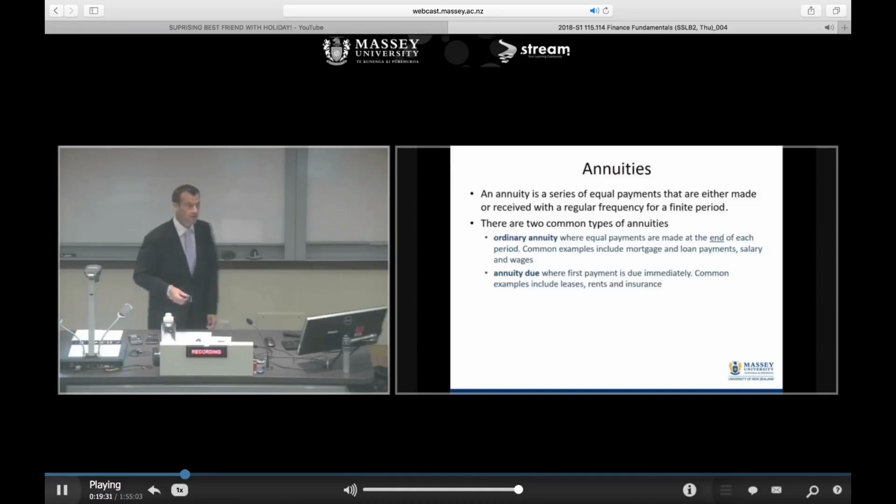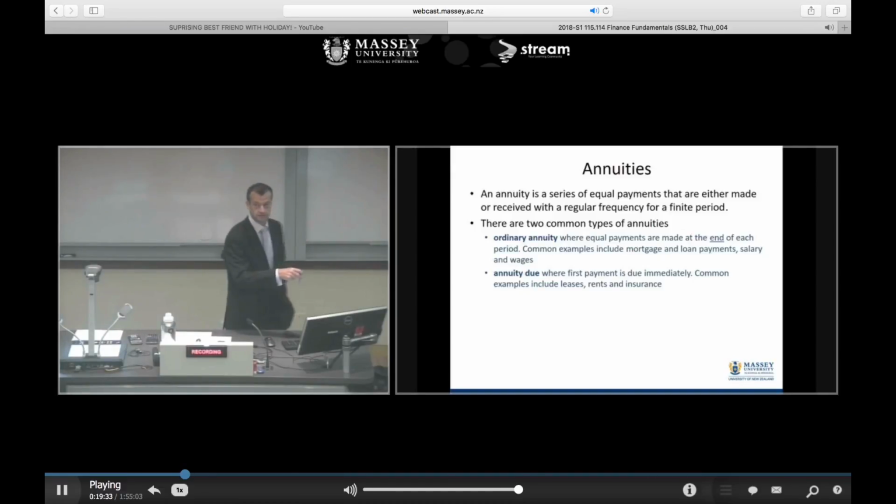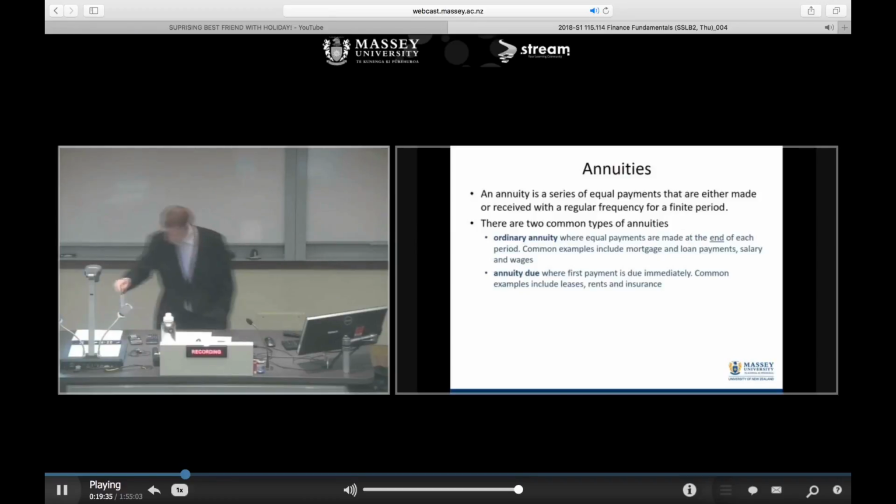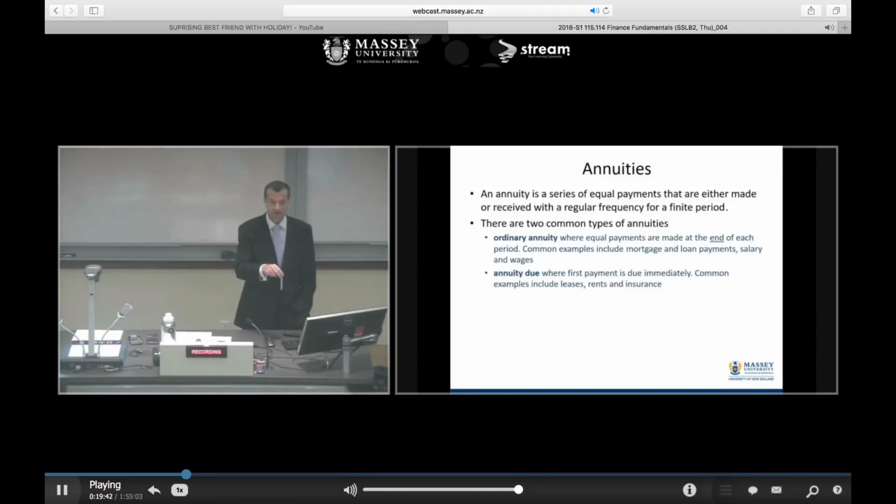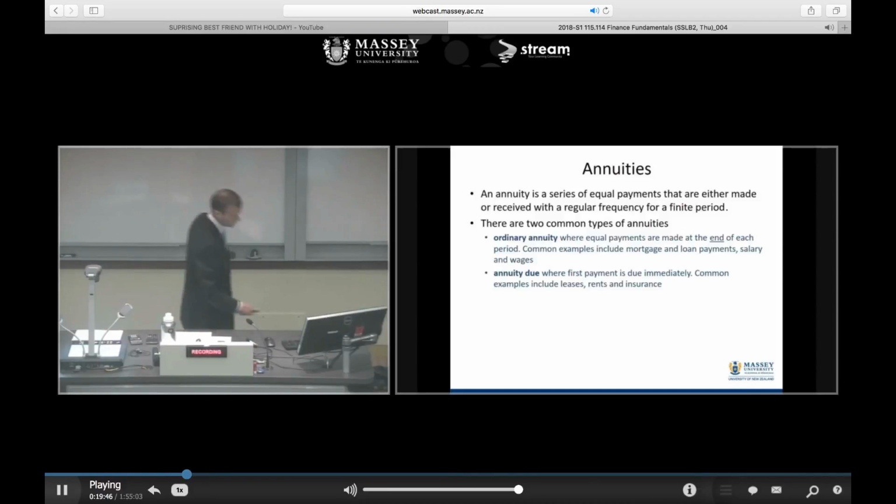The insurance company wants the money first because they know if you drove around for a whole year and you didn't have an accident, well, what's the point of paying the insurance premium, right? So they have to have the money up front and then you're covered for that period. Leases are set up this way. Often rents are as well, even residential rents.